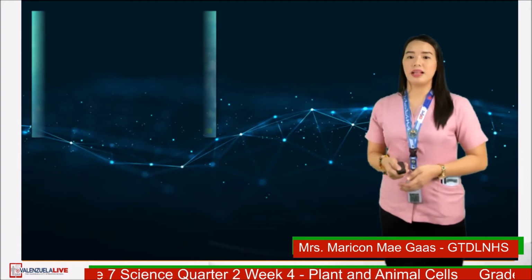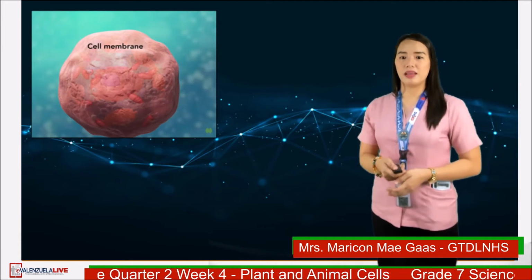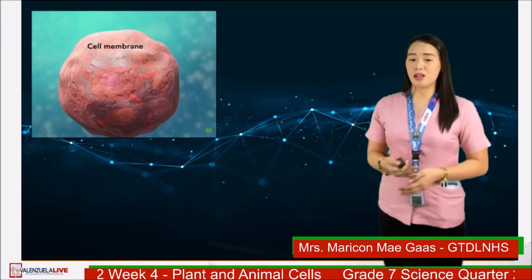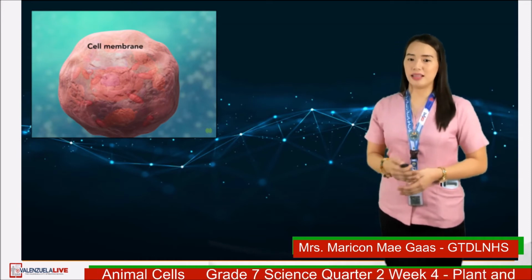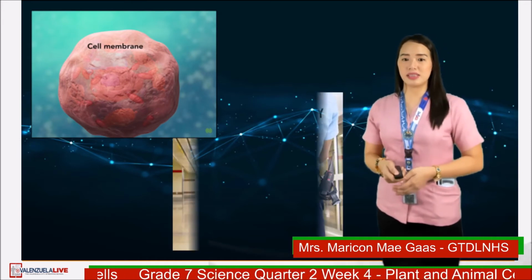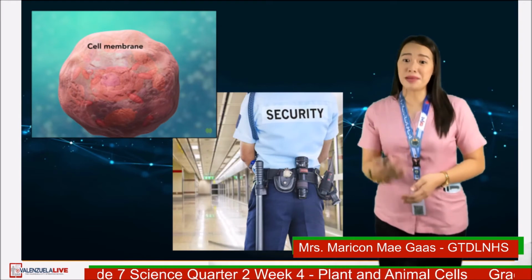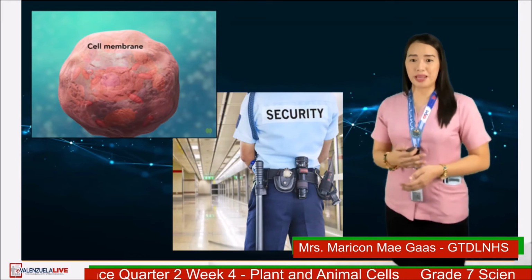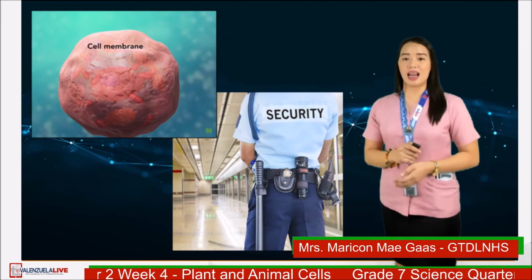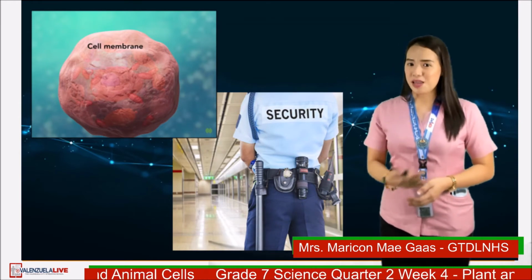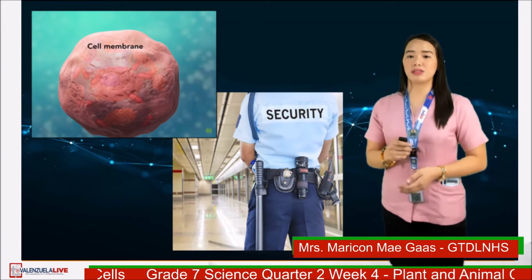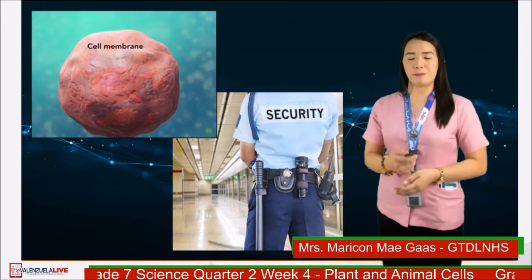For example, the cell membrane controls what goes in and out of the cell. The school security system is similar to the cell membrane because it allows students and teachers in but keeps suspicious or dangerous people out.